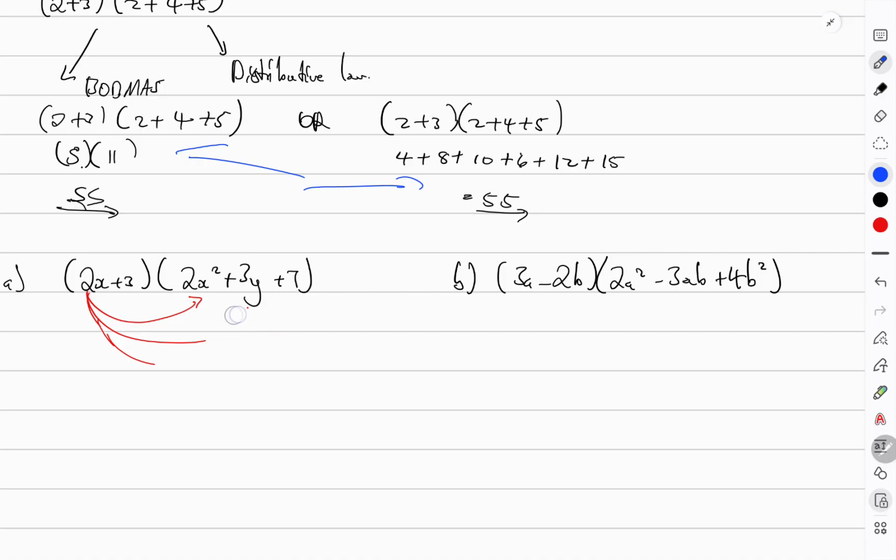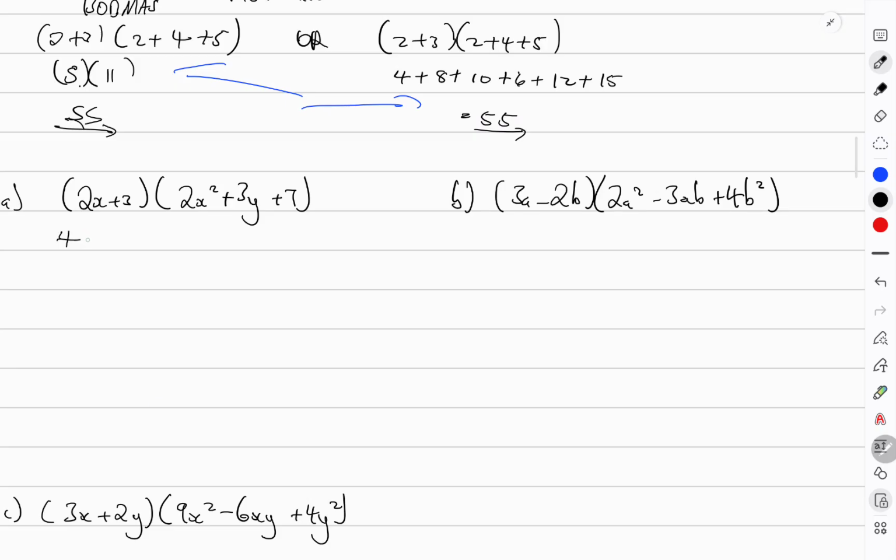The 2x will multiply the 2x squared, giving us 4x to the power of 3. The 2x will multiply the 3y, giving us positive 6xy. The 2x will multiply the 7, giving us positive 14x.